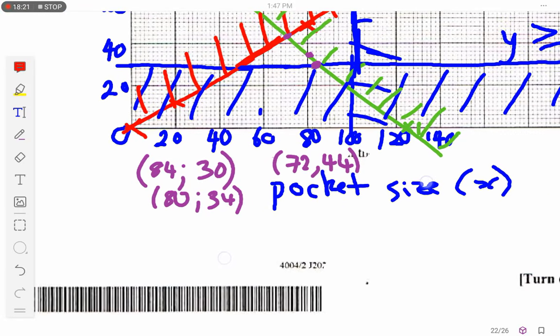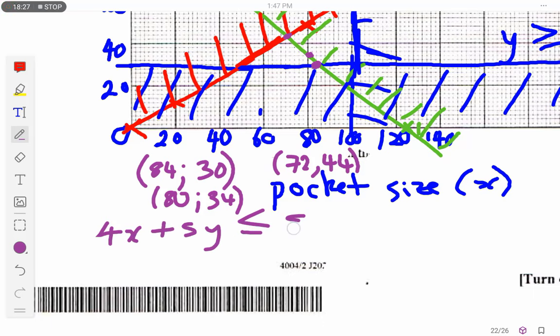So on our cost, we had 4x plus 5y is less than or equal to 500. Let's take the first one as an example: 4 by 84.